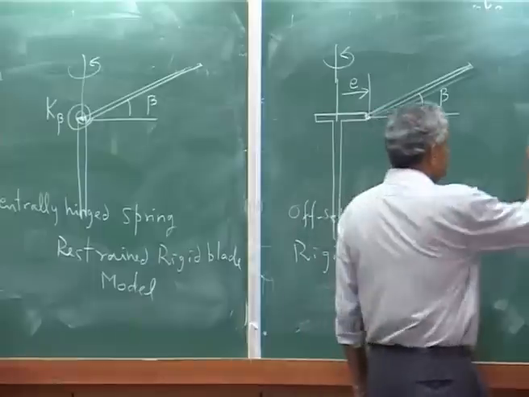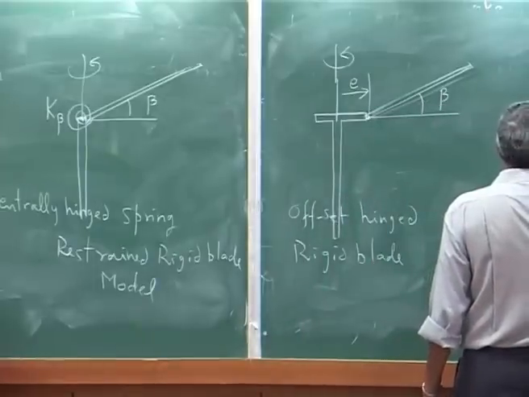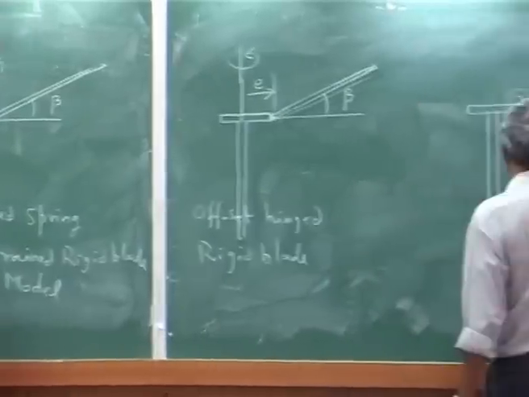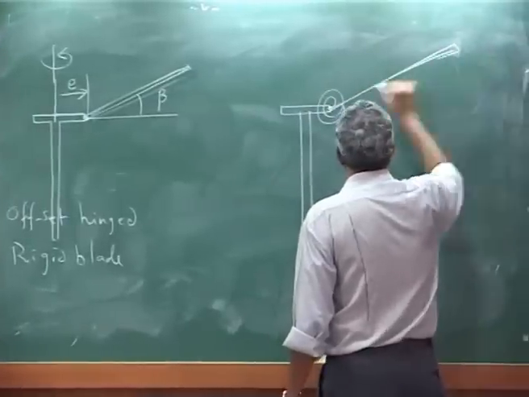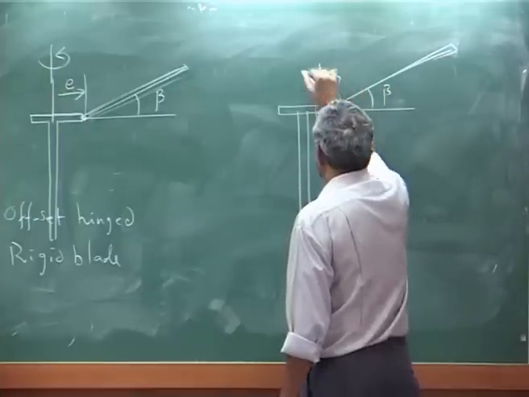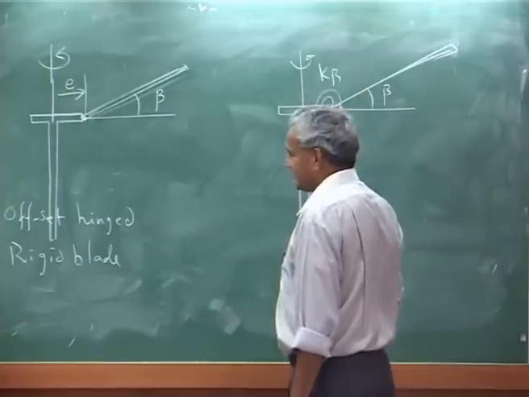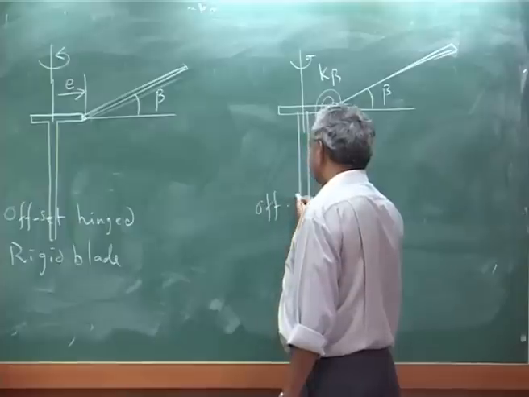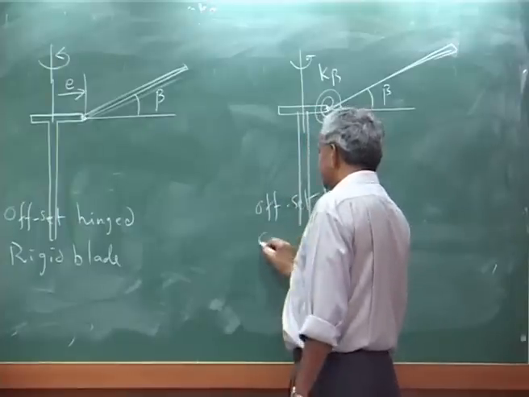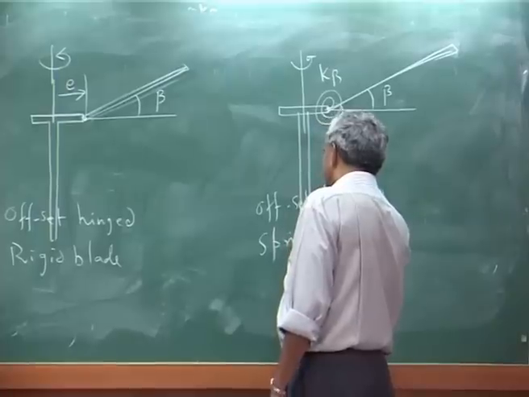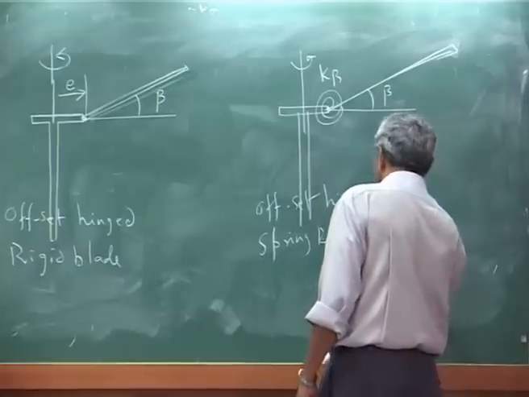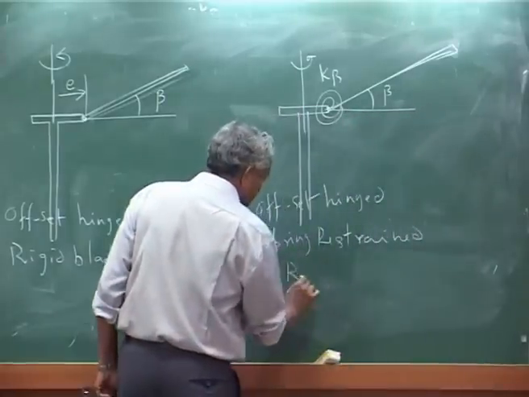And then the final model is this. You put a spring also. This is offset hinge there. Spring restraint, rigid blade model. Always I say rigid blade.